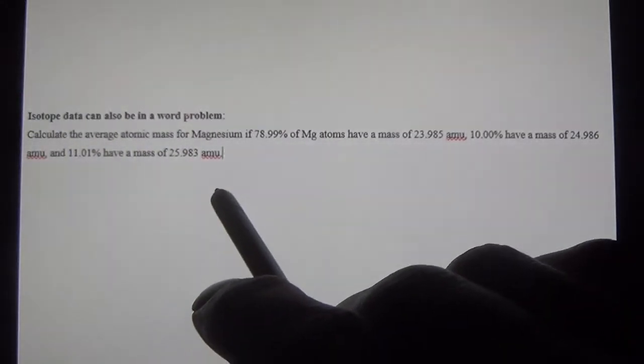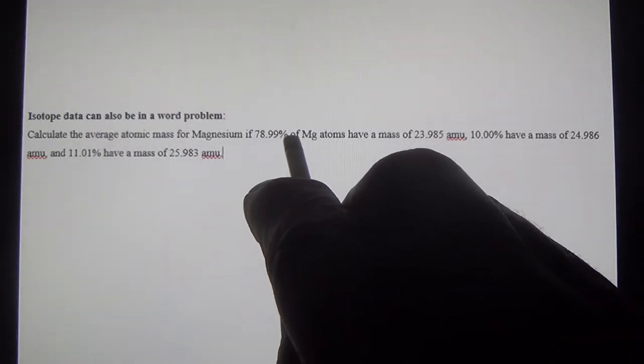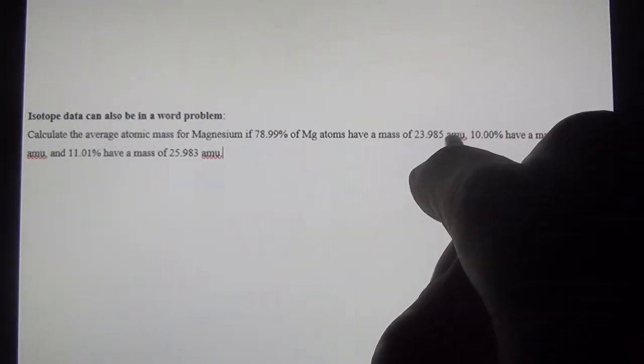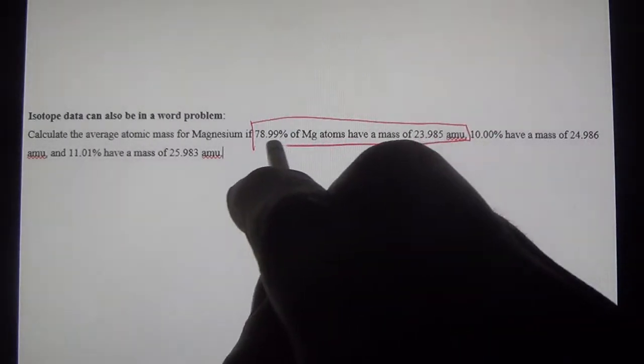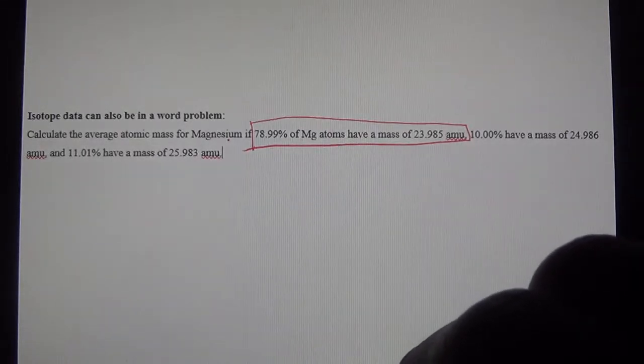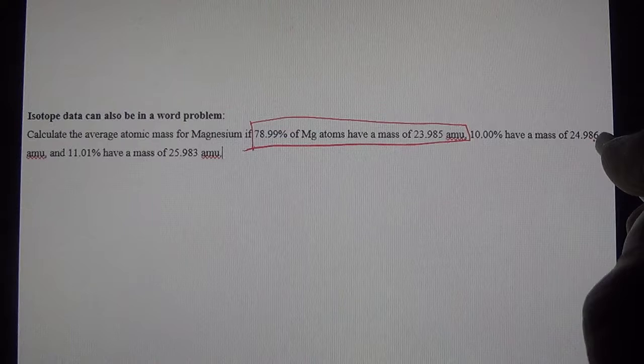Calculate the average atomic mass for magnesium. Okay, that's nothing important yet. If 78.99% of magnesium atoms have a mass of, okay, that is one thing connected. So I like to group. And then 10% have a mass of that many AMUs.